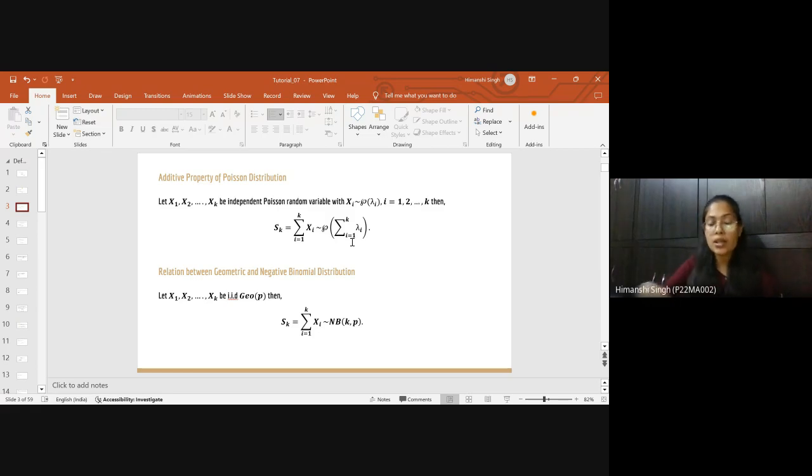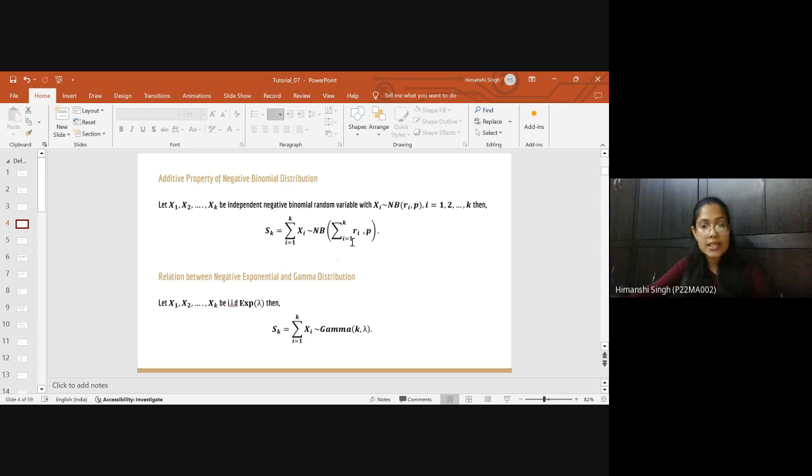Now if Xi's are negative binomial and they are independent of each other, with parameters ri and p, meaning the probability of success is p, but Xi will count the number of trials for the rith success.